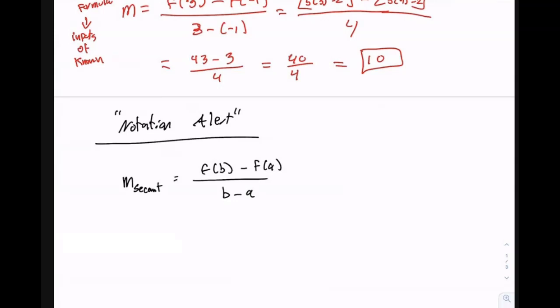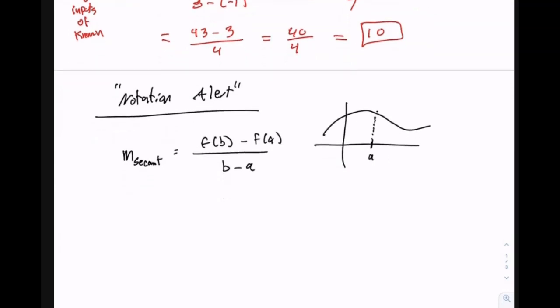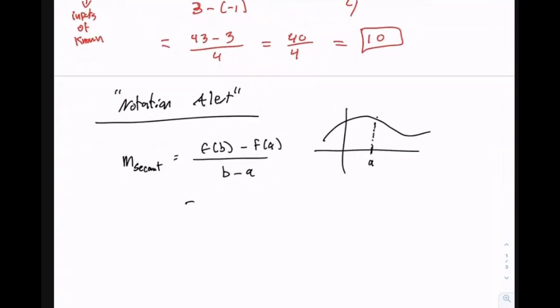Now, if I had this graph, I could pick a point A right here, and I can also flip the formula. I want to note something. We could also write this as f of A minus f of B over A minus B. It's the same thing.